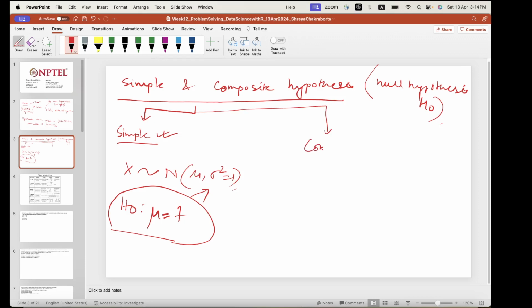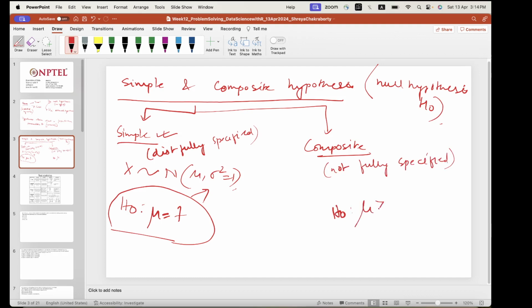And we say this to be a composite hypothesis if the distribution is not fully specified. Okay, so here it should be distribution fully specified, and here not fully specified. As an example, let's say H naught: mu should be greater than or equal to 7.